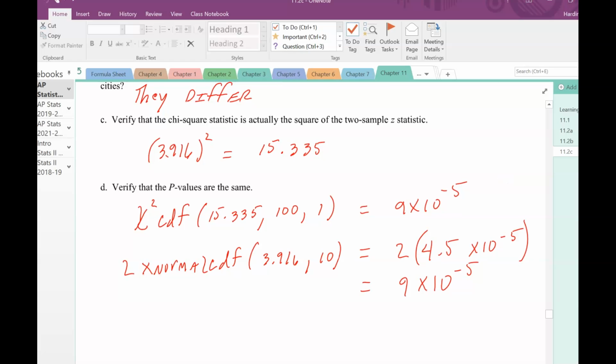Now, it's not necessarily clear from the 2 Minitab outputs because both were essentially 0, but if you do these CDFs on your calculator, you will see that both of them are 9 times 10 to the negative 5th. Take note in here that when you're doing the 2-sample z-test, when you find the area under the normal curve, because this is a 2-sided hypothesis test, you have to take the area times 2. But you see that you get exactly the same p-value.